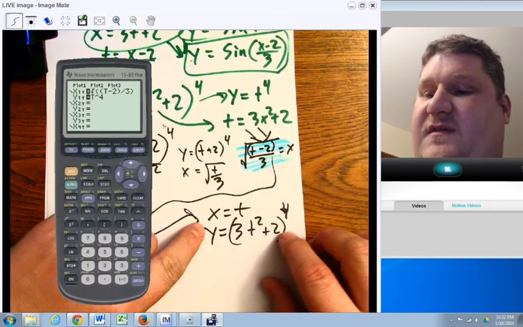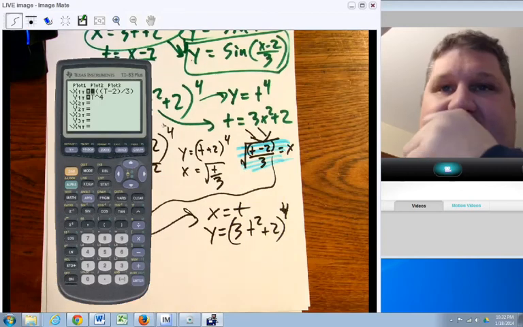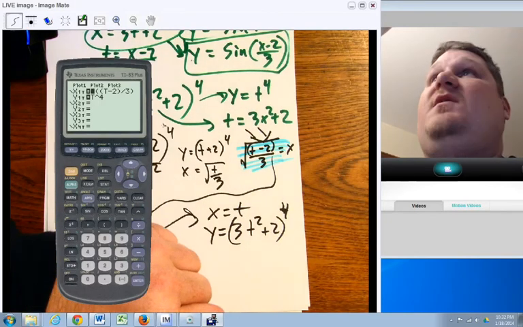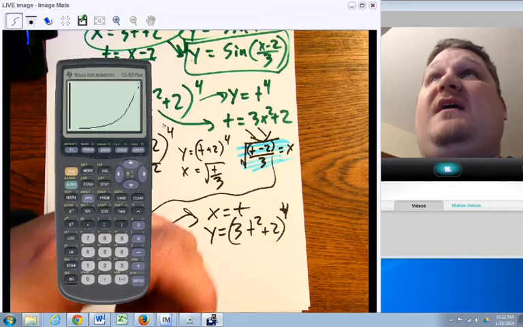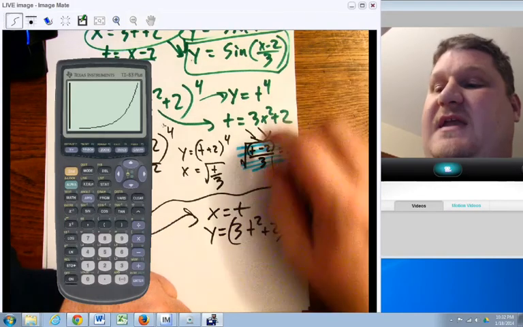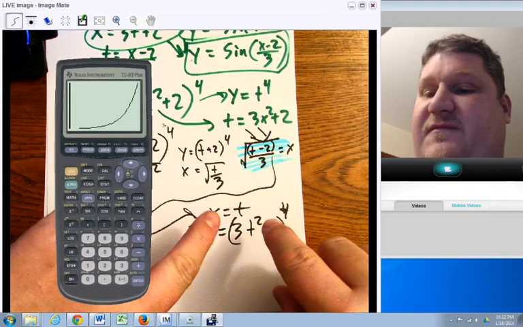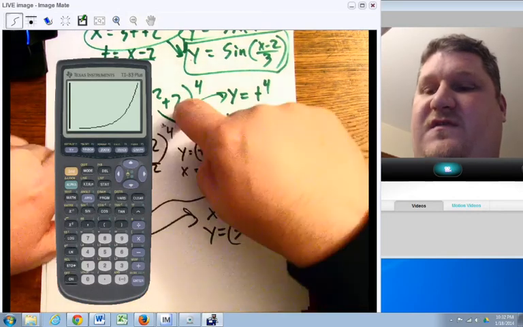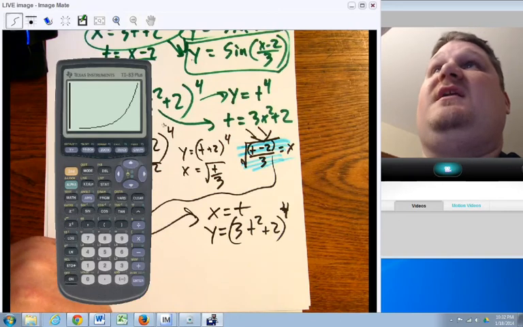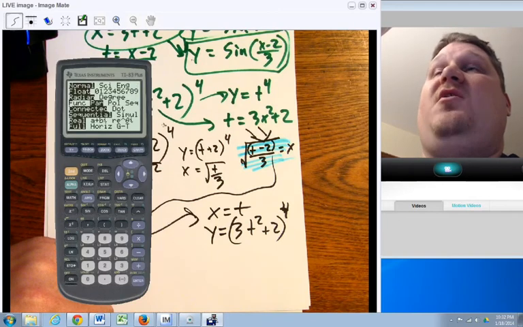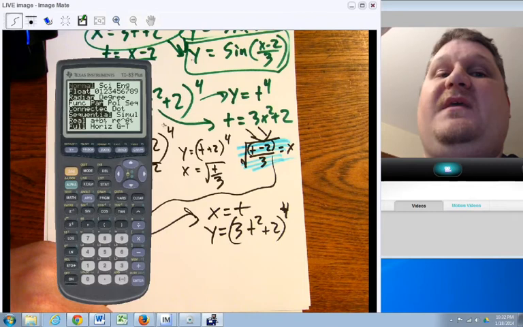So instead of doing this version, let's go up and do the more complicated version. And when we hit graph on this, we should have a graph that looks very, very similar. Yes, very, very similar. So again, regardless whether I graph this or the original or this version, they all should match with your calculator. And again, the kicker there is PAR for parametric mode.